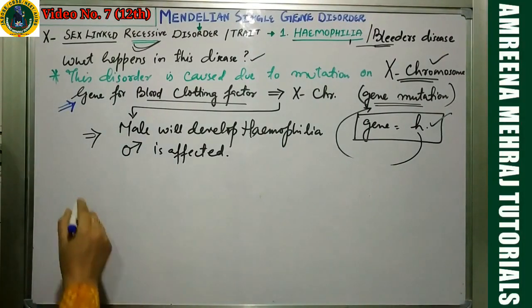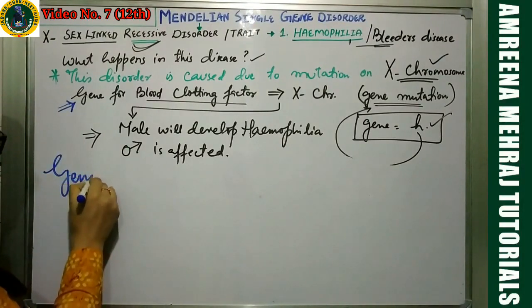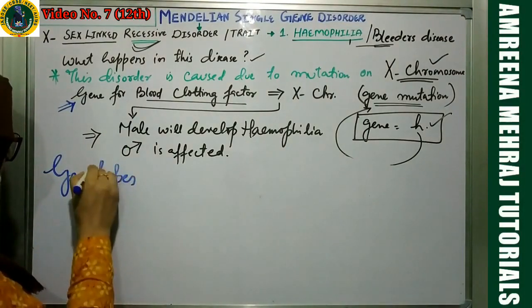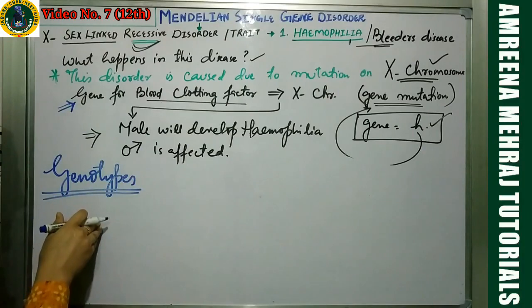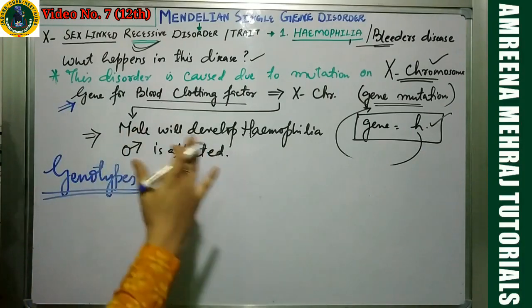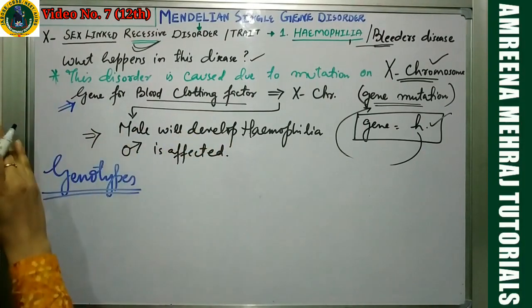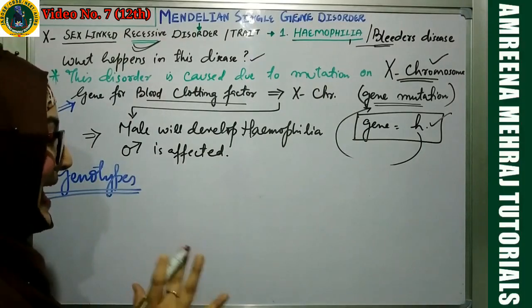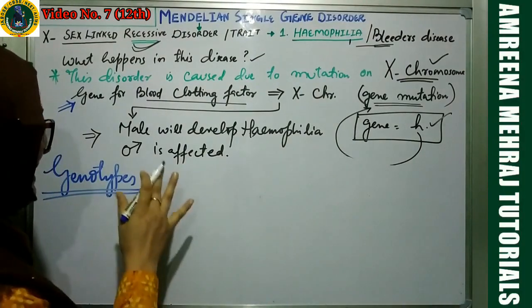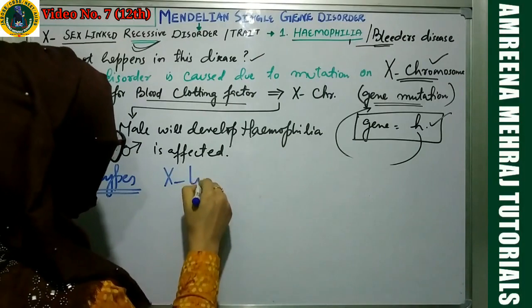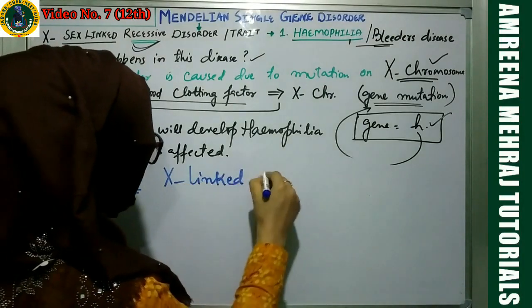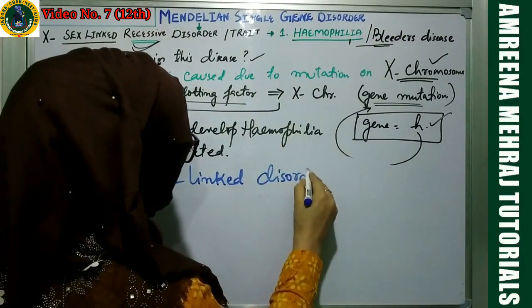Now, my dear students, let us pay attention to the possible genotypes. Here you need to have a strong hold on what homozygous, heterozygous, dominant, recessive means. Now you got this point that hemophilia is an X-linked disorder.